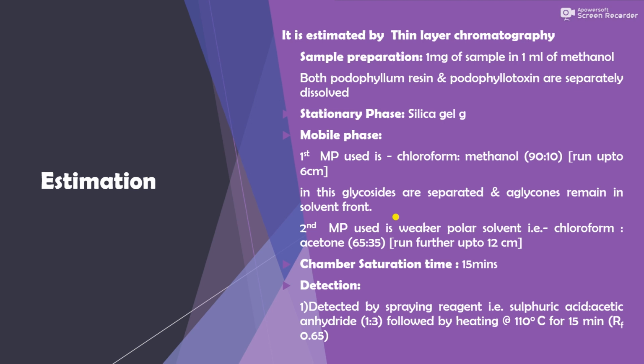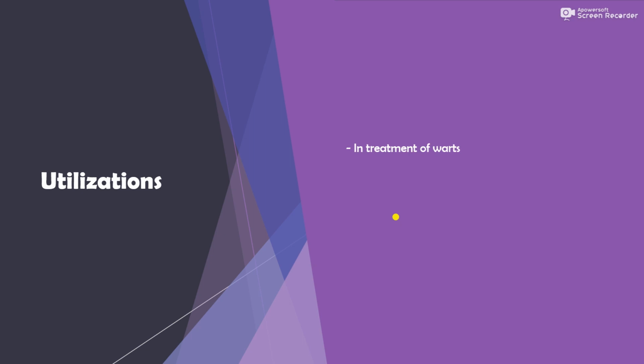The second mobile phase is run up to 12 centimeter, and it is detected by spraying reagent, that is sulfuric acid and acetic anhydride. The utilizations are: it is used in treatment of warts, it is also a purgative, a bitter tonic, and used in controlling some forms of cancer.